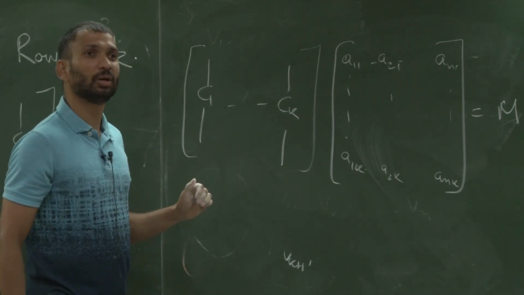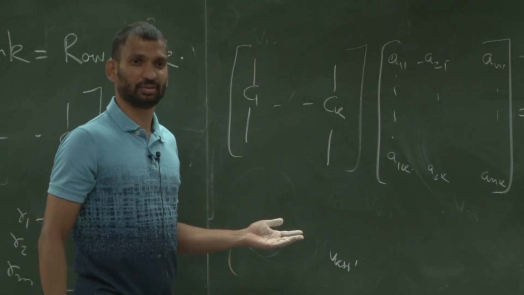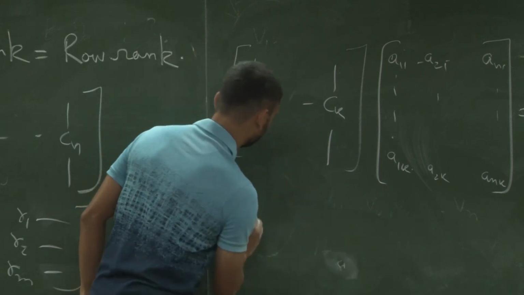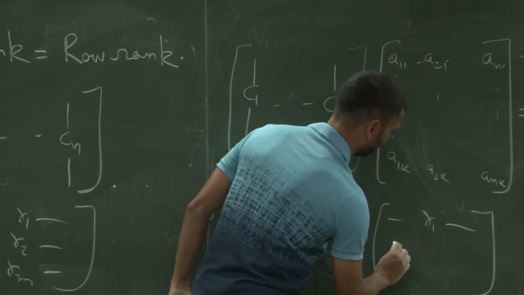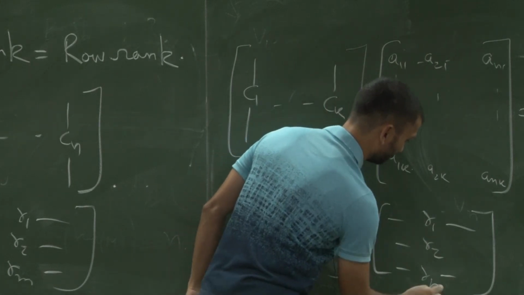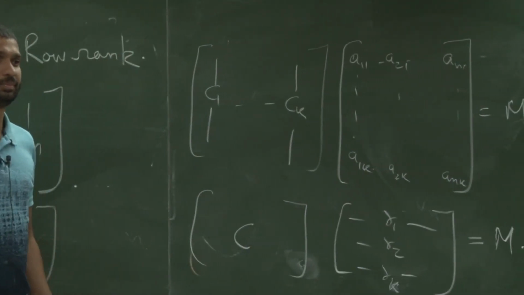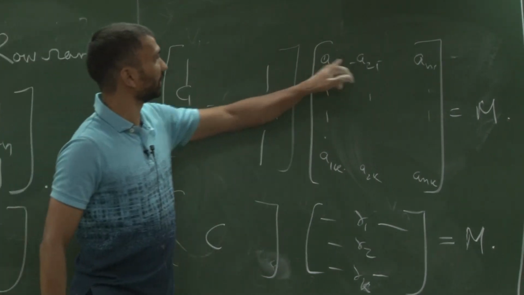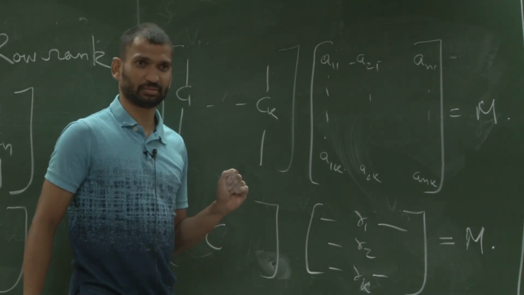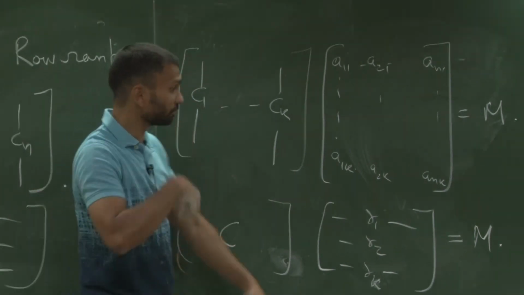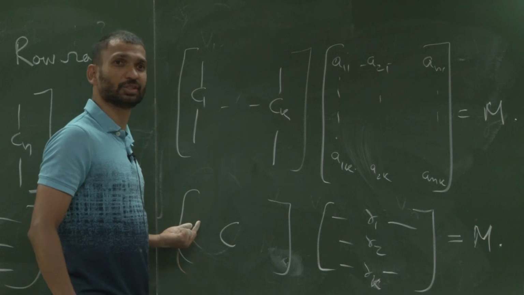And now you just view it differently. You can write this as row 1, row 2, up to Rk. Okay. What is the first row of M? It's the linear combination of R1 to Rk with these coefficients.